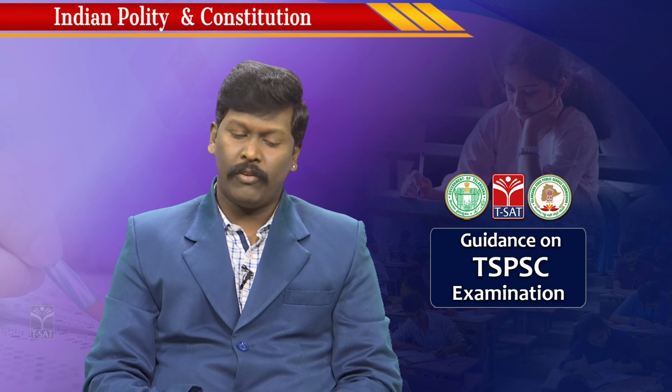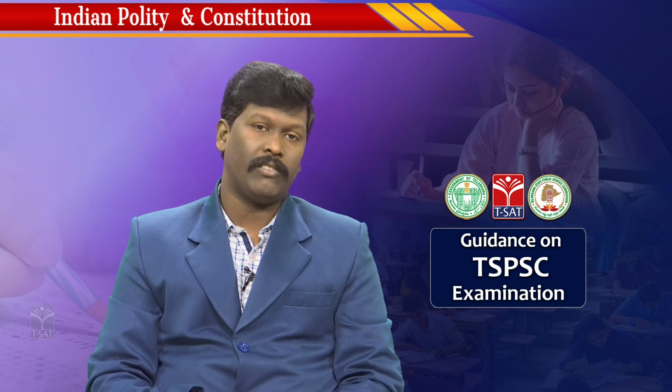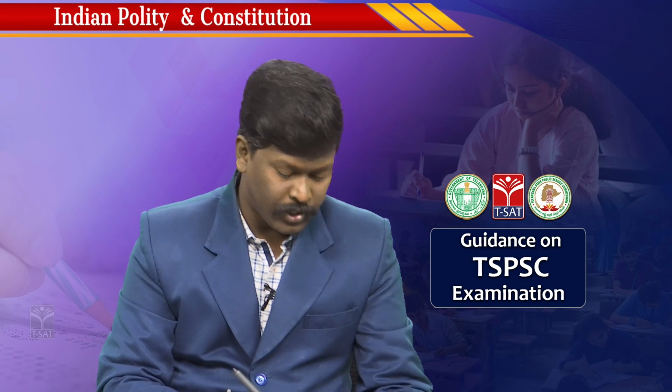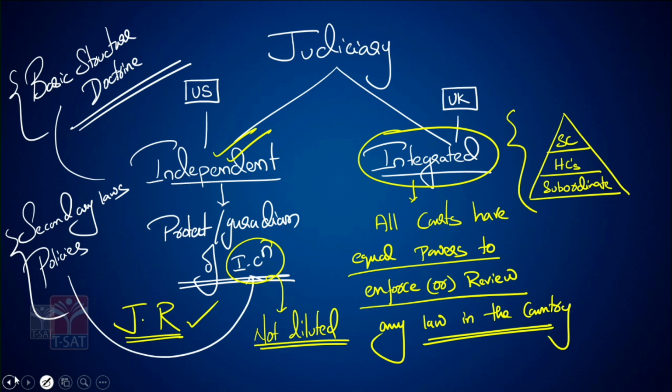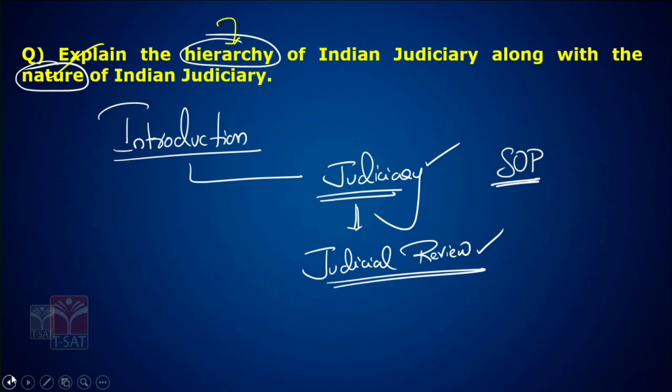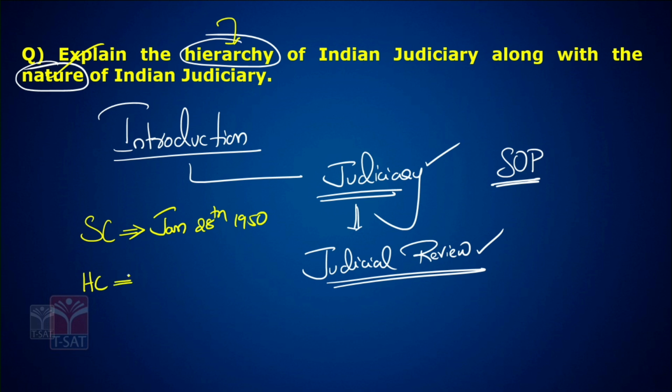In India, we have a very vibrant judicial system. The Supreme Court in India came into existence on January 28th, 1950. The High Court in India came into existence when courts were established at Bombay, Madras and Calcutta in 1862.